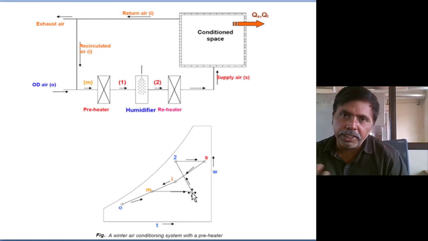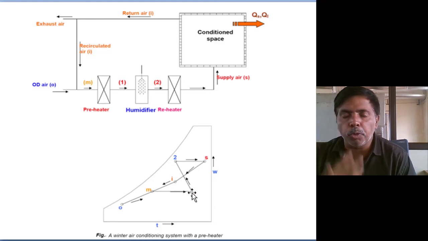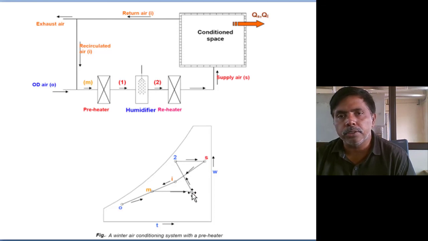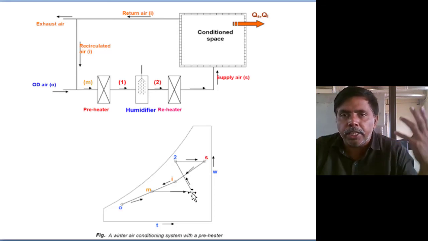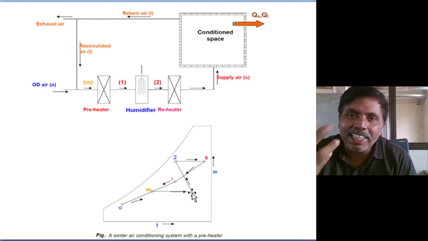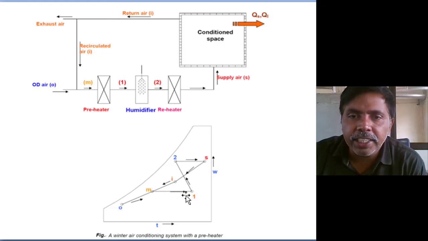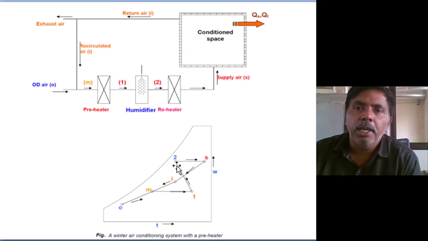But in winter there is very low relative humidity. If we send the same heated air inside the room, it will absorb the entire moisture from your body, and you will not feel comfort. You become a dry person. So to increase the relative humidity of the air after sensible heating, we add moisture. Simple. Sensible heating, then by adding moisture we increase the relative humidity.